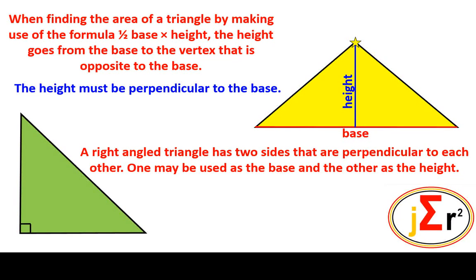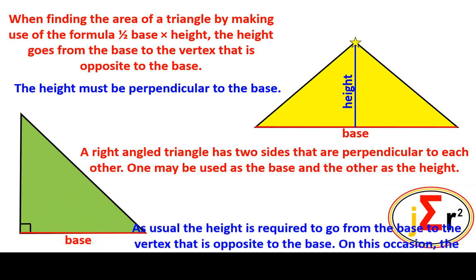One may be used as the base and the other as the height. Because they are already perpendicular, one may be used as the base and the other may be used as the height. We choose that side to be the base, then the other side that is perpendicular to that one has to be the height.